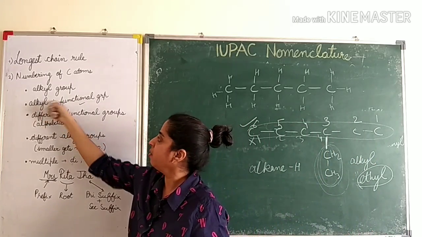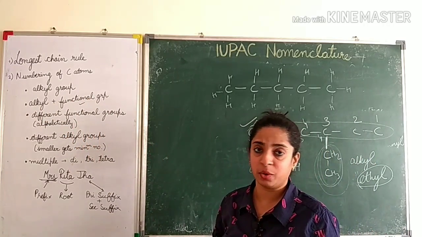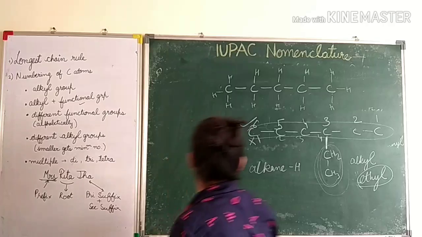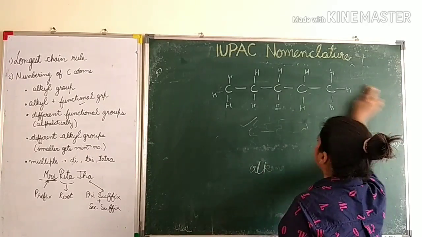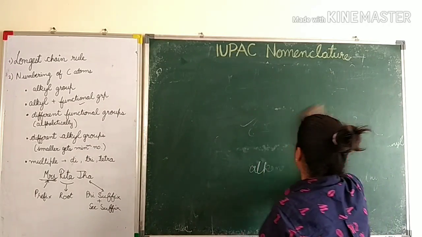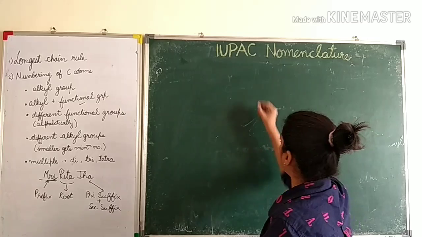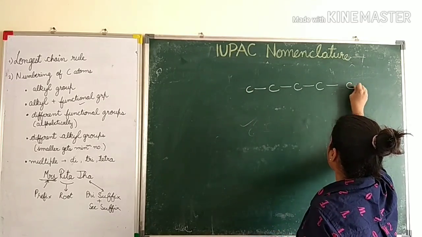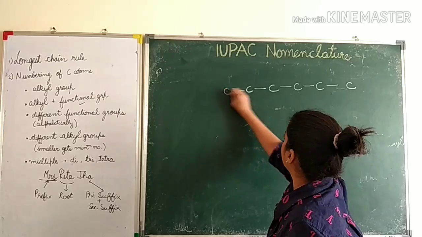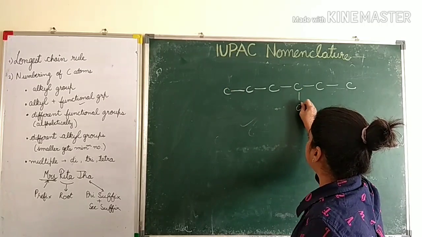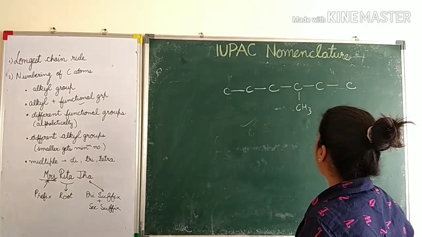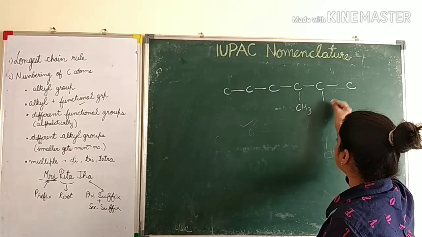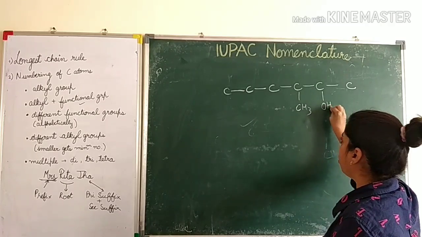Now alkyl and functional group, if 2 groups are there together, okay, for example, if you see here, here there is an alkyl group, CH3 group, and suppose here there is alcohol.